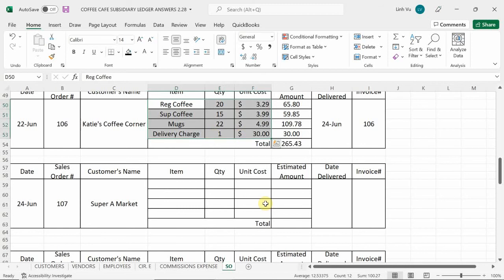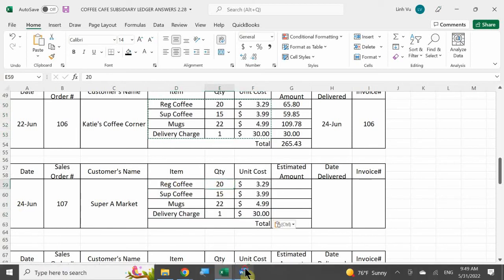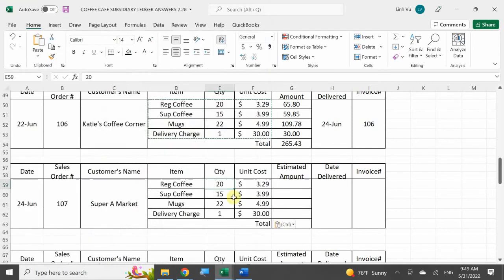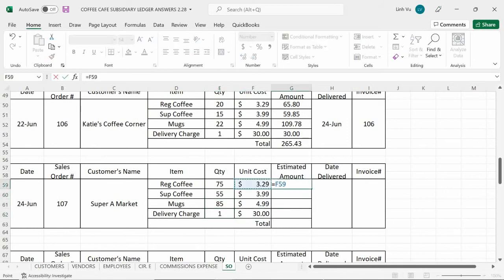They ordered all of those items here, except how many pounds of regular coffee did they purchase? 75. Supreme coffee, 55. The coffee mugs, 85. Okay. So in this case, 75, 55, and 85. And one delivery charge.